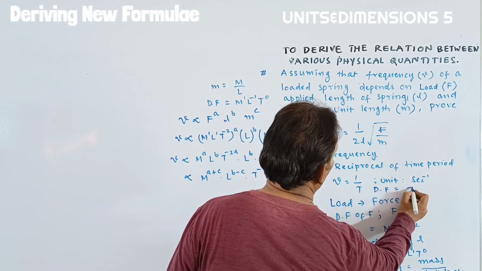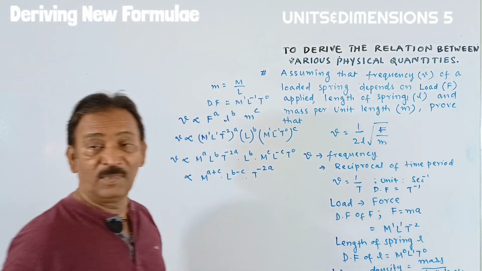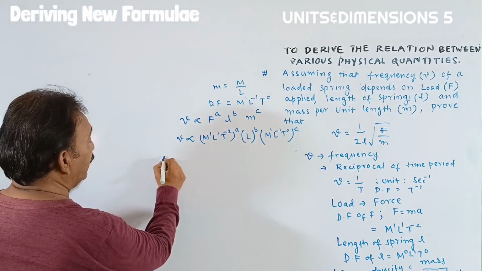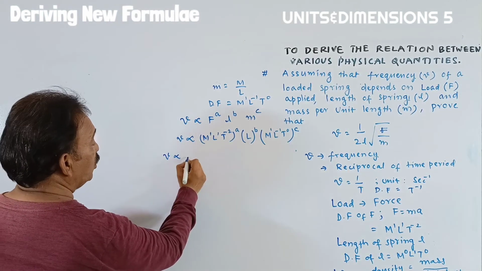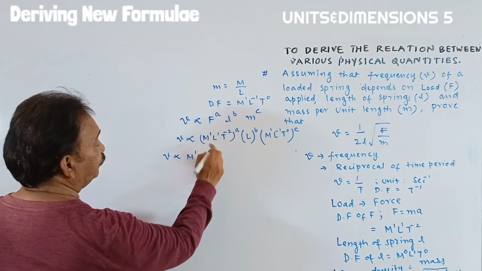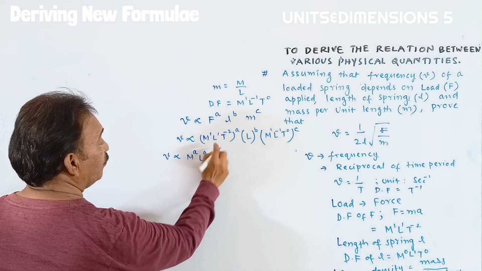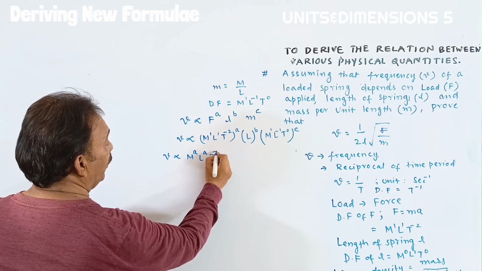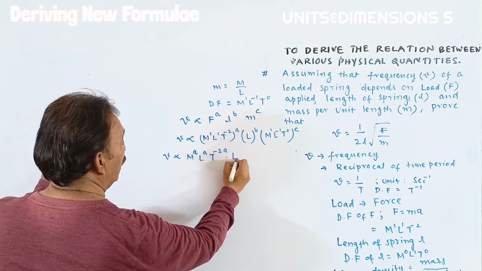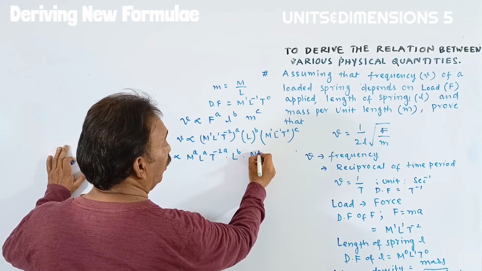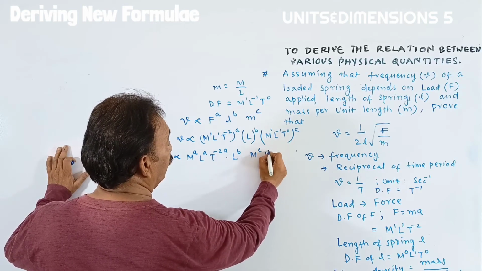Okay, students. Here we learn that frequency is reciprocal of the time, and its dimensional formula is equal to T inverse. Further, we are writing this as nu is proportional to m to the power of 1, means m to the power of a, L to the power of a, t to the power of minus 2a into L to the power of b multiplied with m to the power of c, L to the power of minus c.